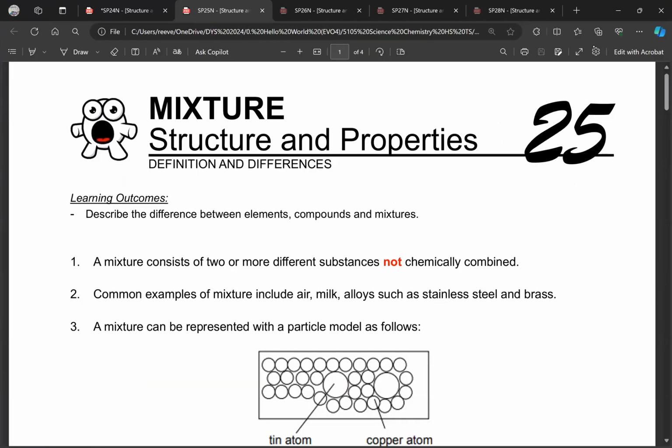For set number 25, we are done with compound. We are going to start with this thing called mixture. I will write down the definition for compound.